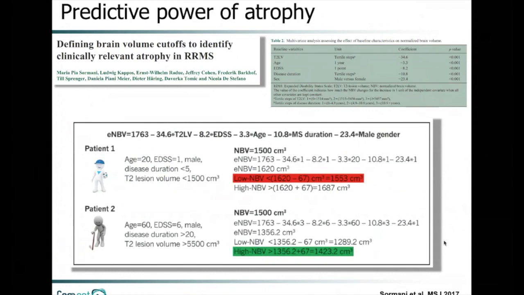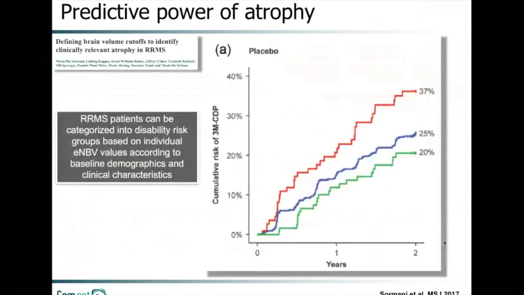And if you classify these patients in this way, these disability risk groups are completely different in terms of disease evolution over the 2 years of the FREEDOMS study. The patients with a higher risk have a 37% risk of confirmed disease progression compared to 20% in the low risk group.